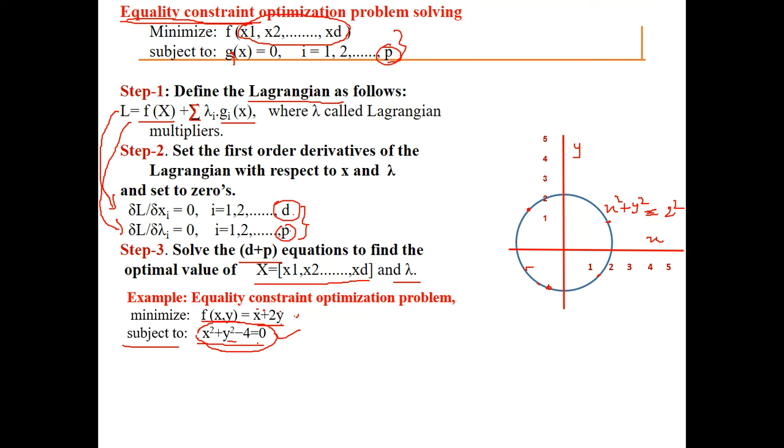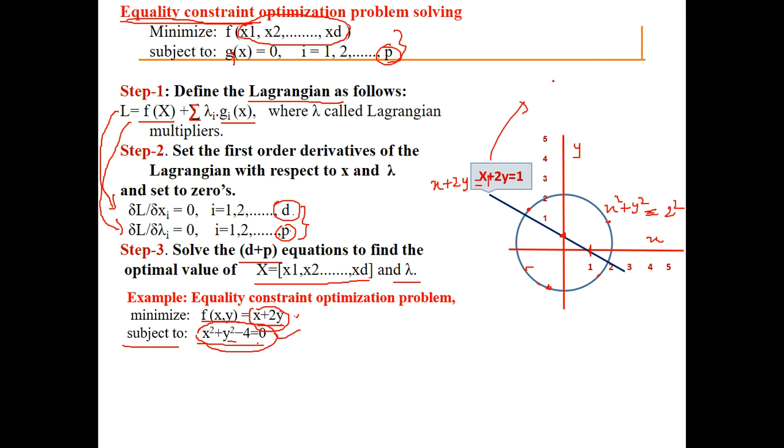Now let us plot this as a line. So first let us consider that x plus 2y may be 1, it may be 2, or it may be minus 1. If you plot x plus 2y is equal to 1, it will pass through 0.5 here and 1 here. How?